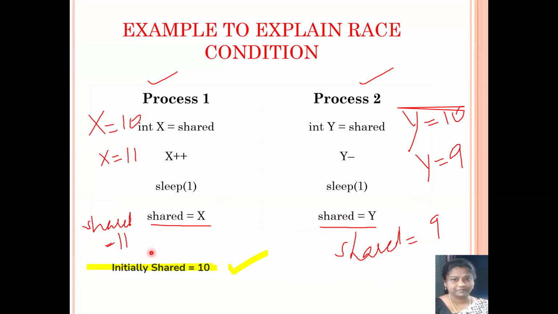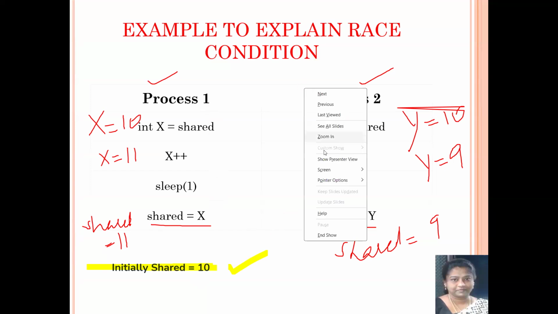What is the reason behind this conflict? The reason is the variable shared. It is a common variable being used by both P1 and P2, and that is why we have this conflict. This kind of conflict is called the race condition.